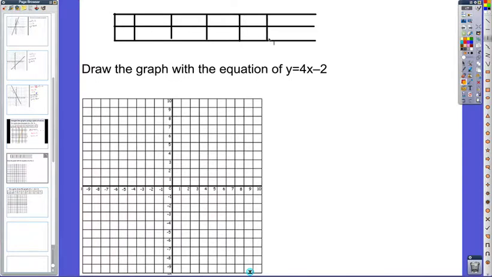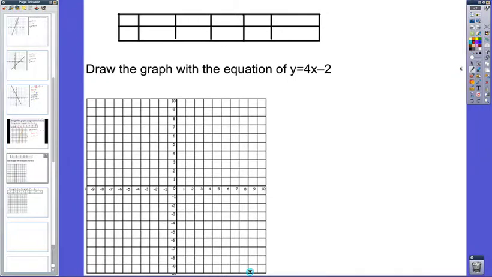I think this would be enough. So here's my x and here's my y, and I'm going to pick the x values. I'm going to put 0 in the middle, 1, 2, minus 1, minus 2, and go back to the equation. Here's our table of values.